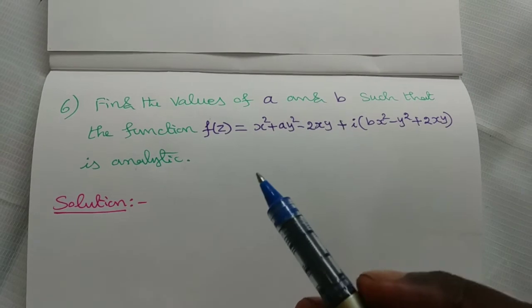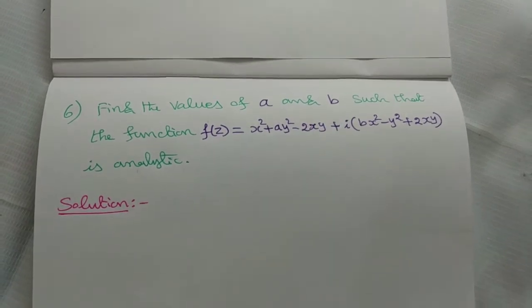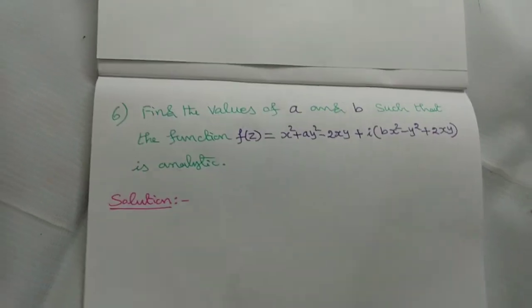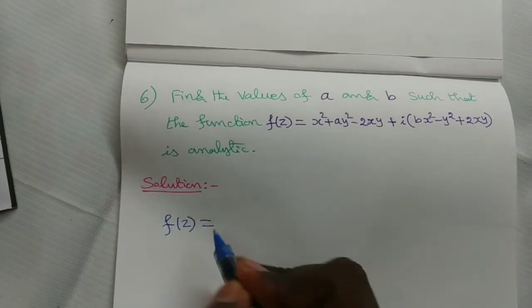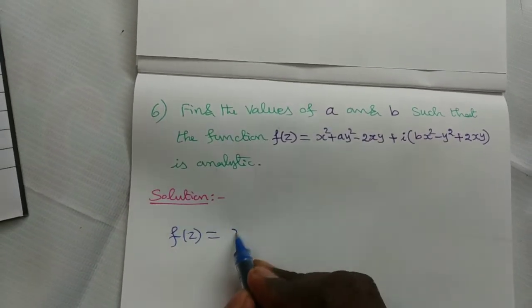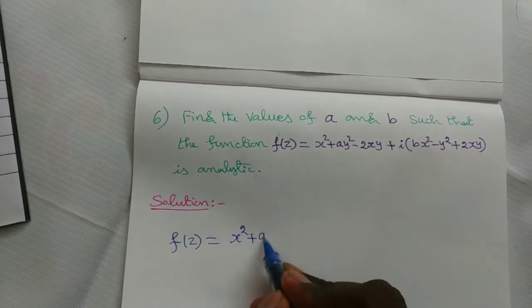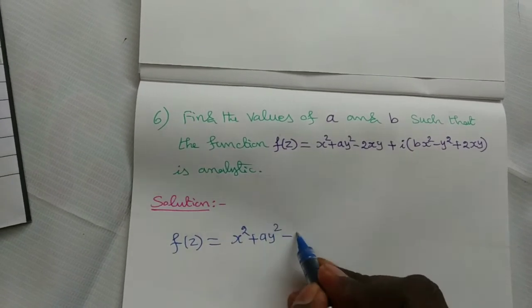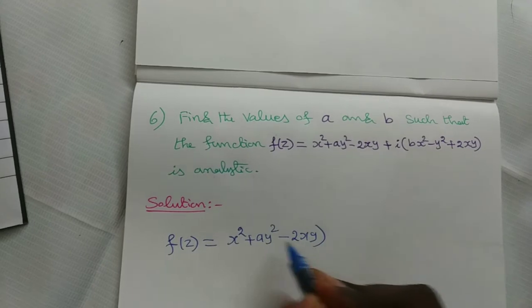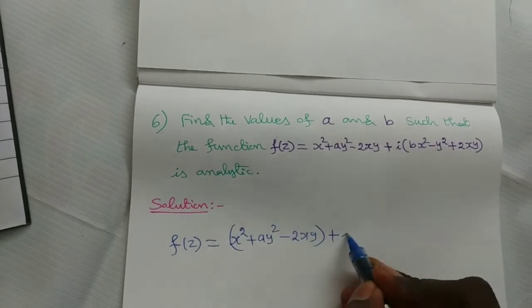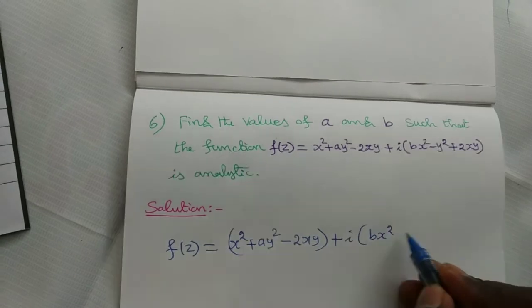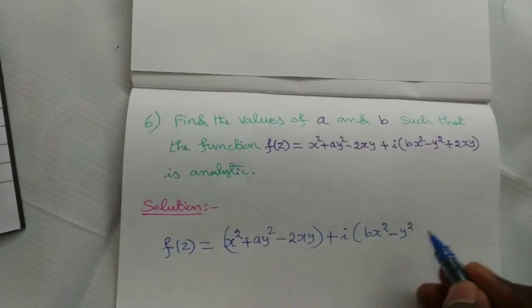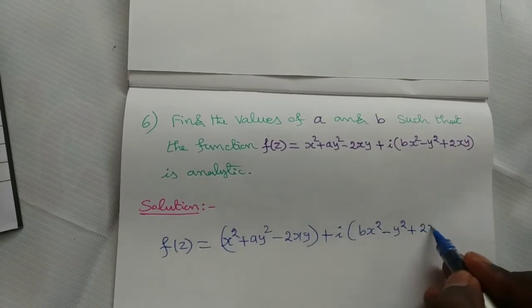So by using the CR equations we can find the values of a and b. Here the given function f of z is equal to x square plus ay square minus 2xy plus i into bx square minus y square plus 2xy.